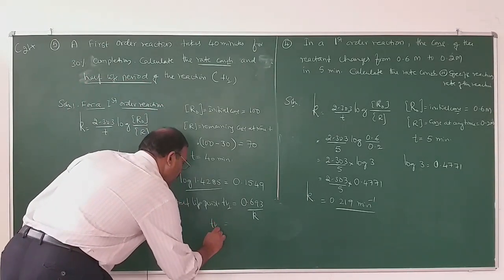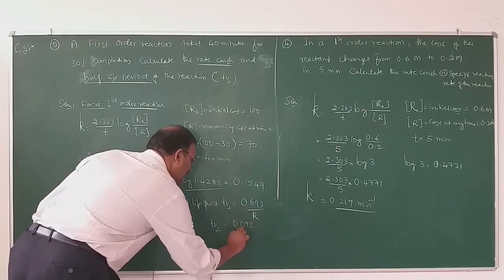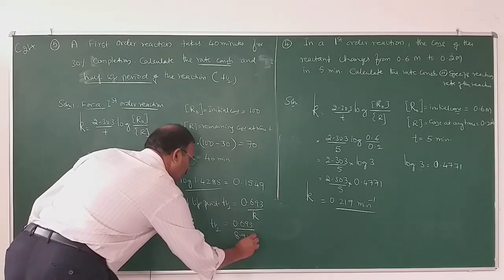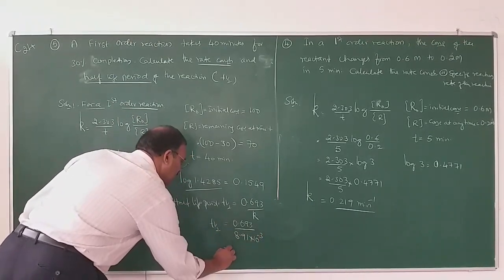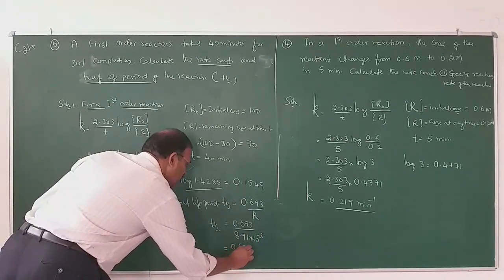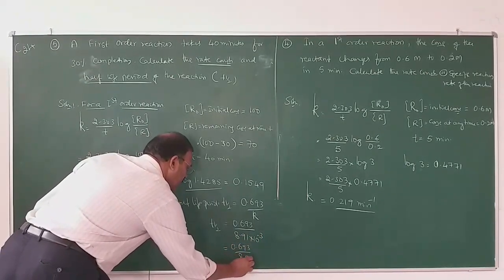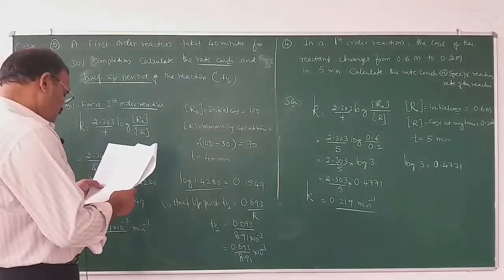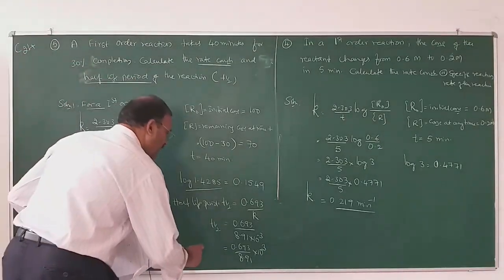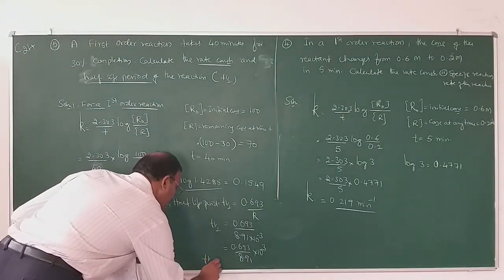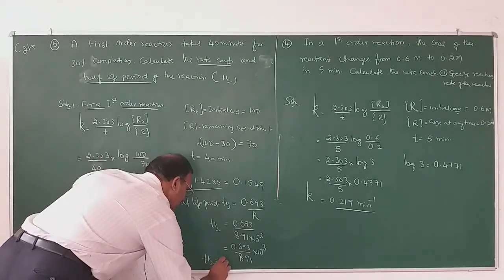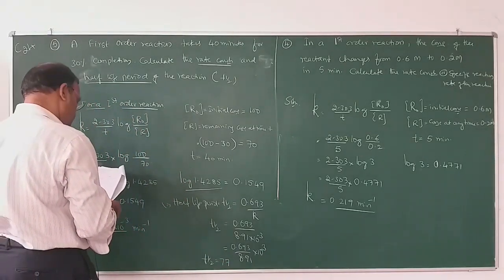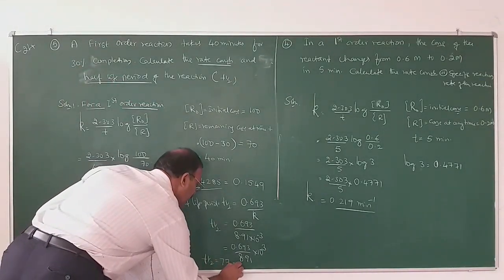So t half equals 0.693 divided by 8.91 into 10 to the power of minus 3. On simplification, you will get t half equals 77 minutes.